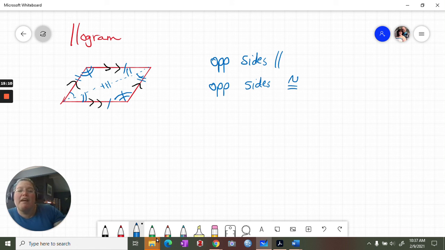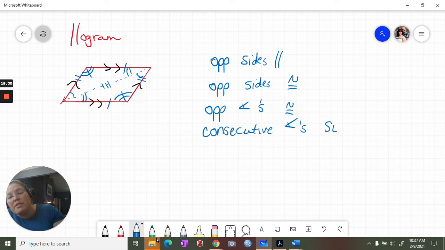Okay? My opposite angles are congruent, also because we can divide into two congruent triangles. Because our opposite sides are parallel, my consecutive angles are supplementary. That means they add up to 180.